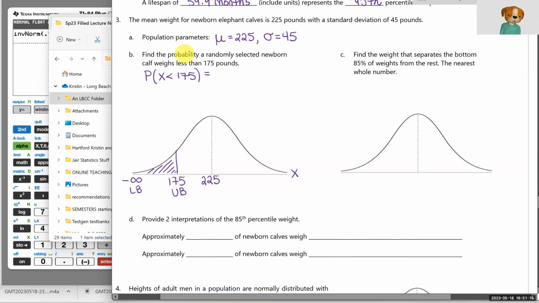For probability, it's the normal CDF function, where we give our lower bound, in this case negative E99, the upper bound, the value 175. And we also need to tell the calculator the mean of the distribution and the standard deviation.